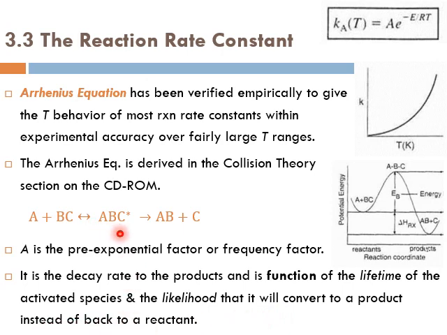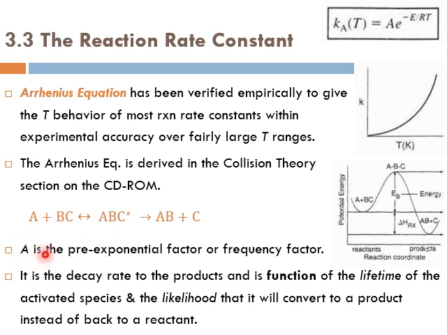So if the lifetime of this intermediate is very large, so when A collides with BC and it forms this activated species or activated intermediate, and the lifetime of this activated species is long, that means it's very stable, it stays for a very long time, that means the rate of reaction would be slow. And where can you see that?